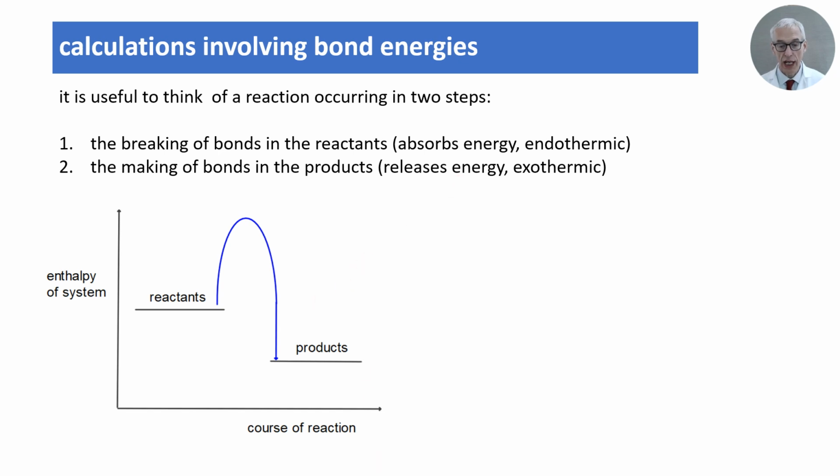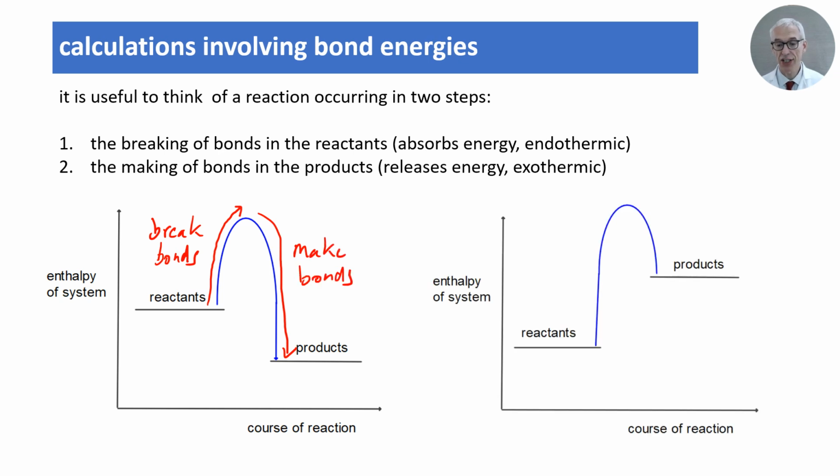So if we look at a diagram here of an exothermic reaction, this process here to the peak of the activation energy curve, this is about breaking bonds. It's endothermic. The process here, that is exothermic, and that is making bonds.